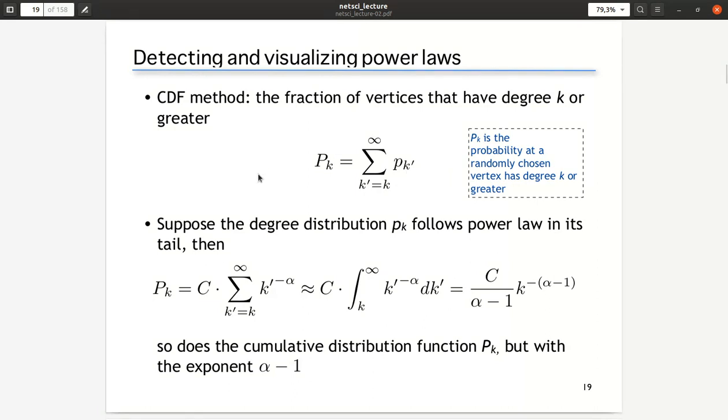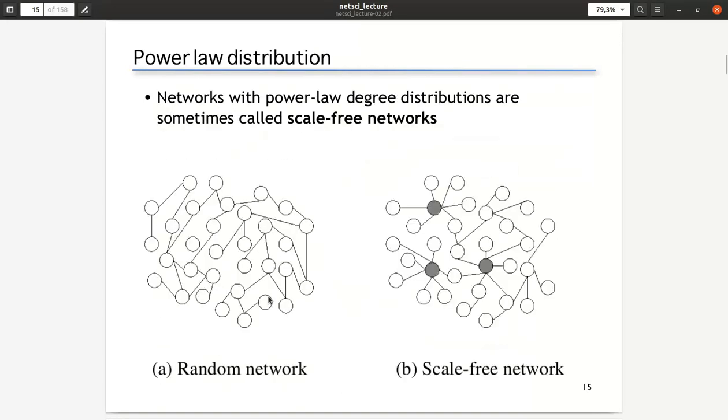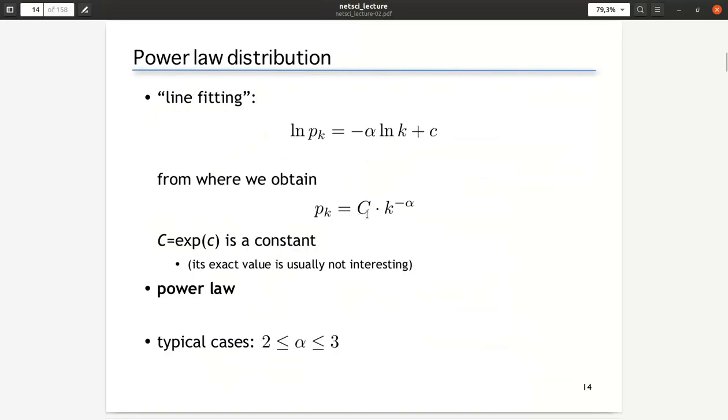Okay, now assuming that the degree distribution, the small p_k, follows power law, then what we have for the capital P_k is again power law. So I'm just replacing the small p_k with the formula which we used before. Okay, let me get back to the slide. So this one here.